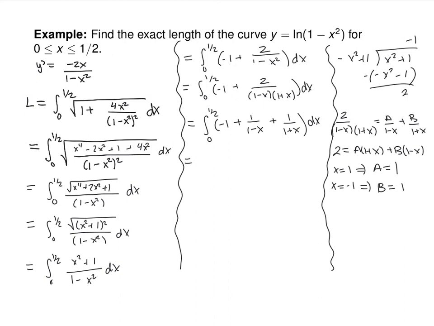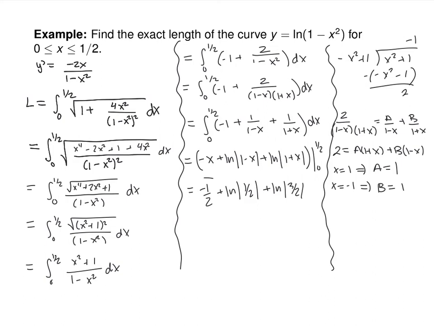So anti-differentiate, we get negative x plus ln absolute value of 1 minus x plus ln absolute value of 1 plus x, evaluated from 0 to a half. So that's negative 1 half plus ln of 1 half plus ln of 3 halves. Inputting 0 gives us 0 in every case. So there is your arc length.